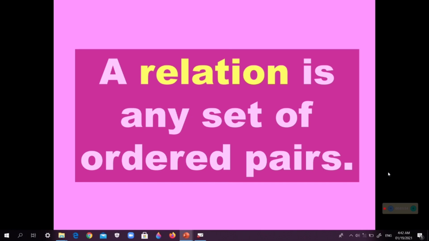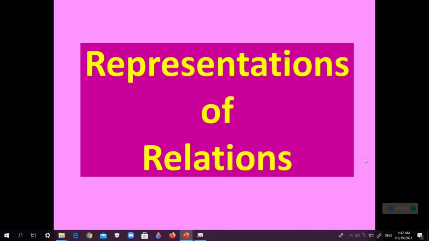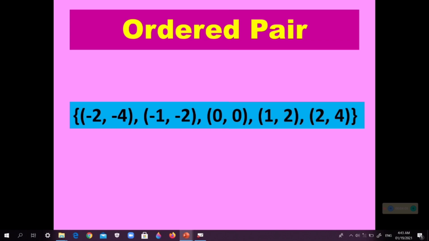So how are we going to represent this? You are going to have different kinds of representations. We have 4 methods, or types. The first one is the ordered pair. If you recall, ordered pairs are with values of x and y, because we have used these ordered pairs in graphing or plotting points, as we discussed about the Cartesian coordinate system.